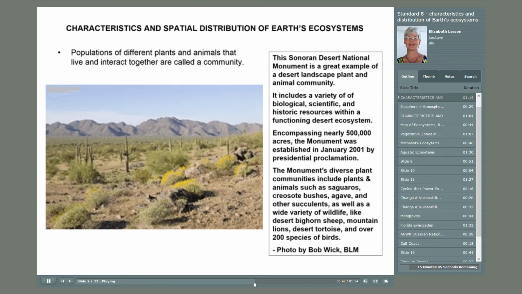The Sonoran Desert National Monument encompasses nearly 500,000 acres, and it was established in January 2001 by presidential proclamation. The monument's diverse plant communities include plants and animals such as saguaros, creosote bushes, agave, and other succulents, as well as a wide variety of wildlife like desert bighorn sheep, mountain lions, desert tortoise, and over 200 species of birds.